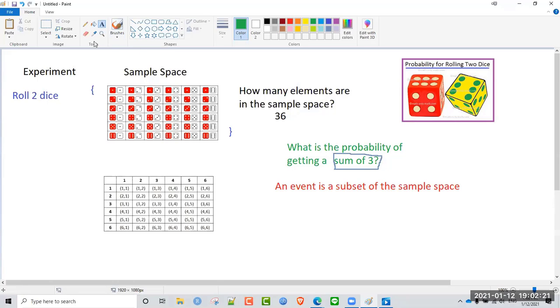So anyway, here, this one sums up to 3, and this one sums up to 3. So these are the two that sum up to 3. So this is the subset of the whole thing, which is our event.